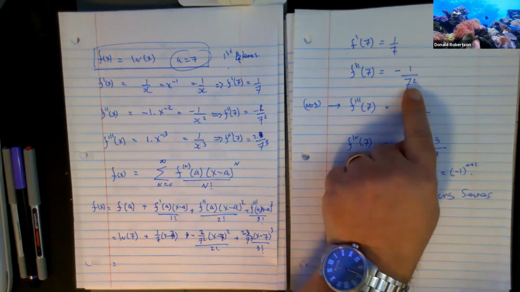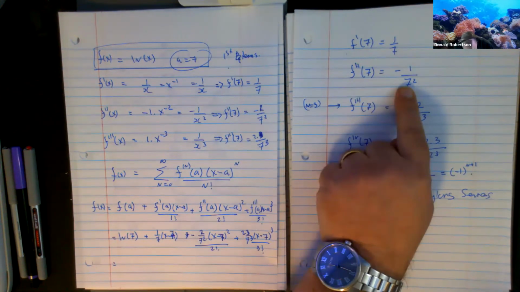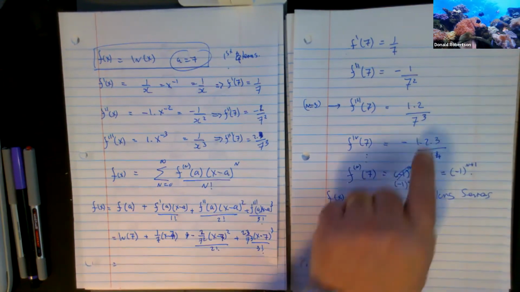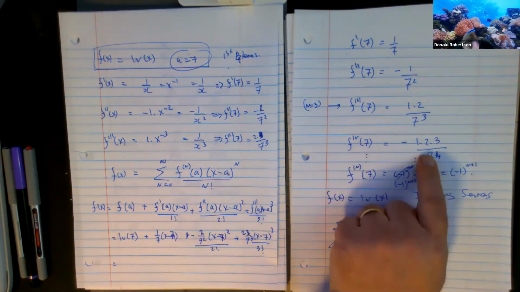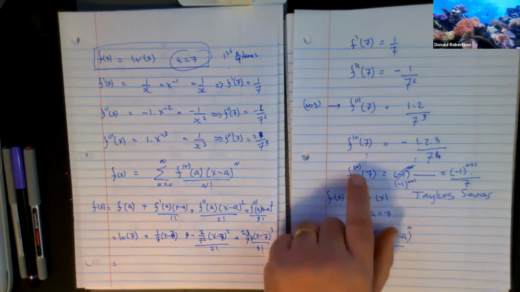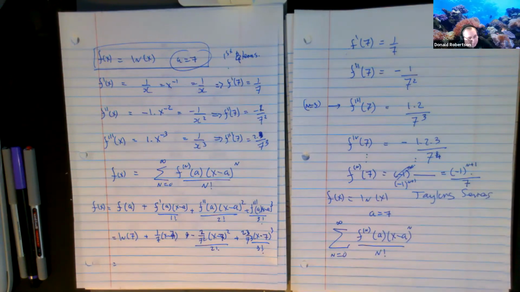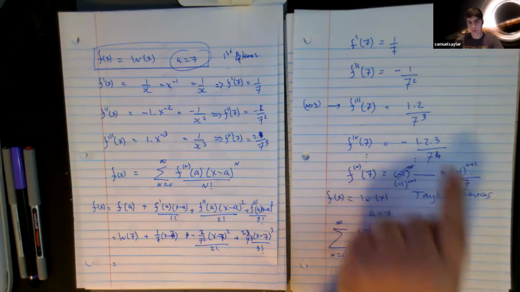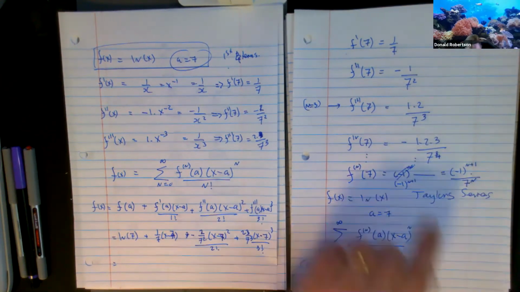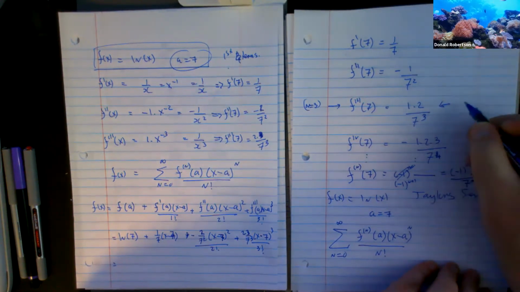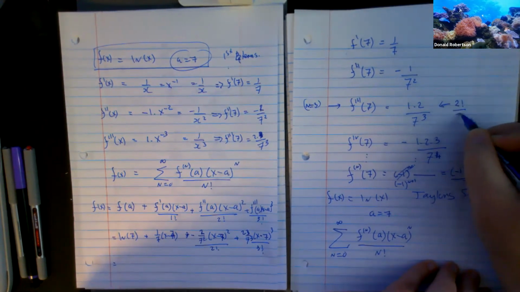The second derivative has a 7 squared on the bottom. The third derivative has a 7 cubed on the bottom. And the fourth derivative has a 7 to the 4 on the bottom. What power of 7 would the nth derivative have at the bottom? N. Now, the reason I added in an extra 1 here is this guy on the top is really 2 factorial.